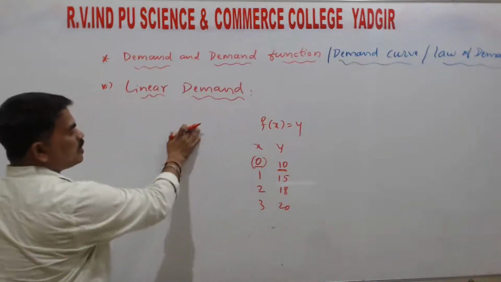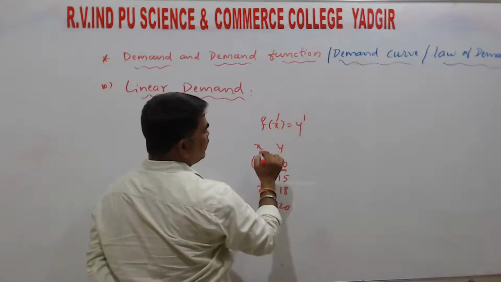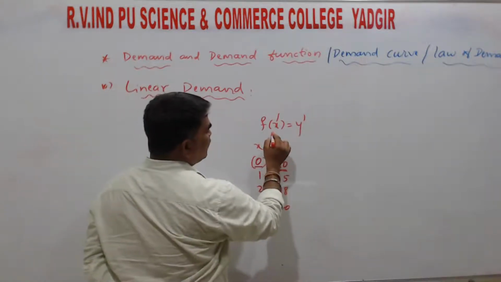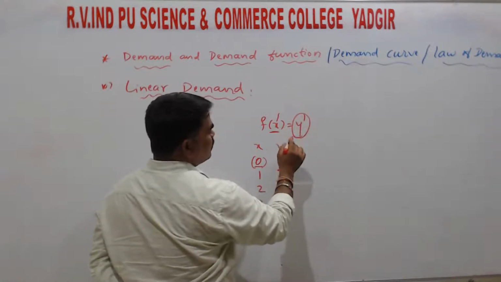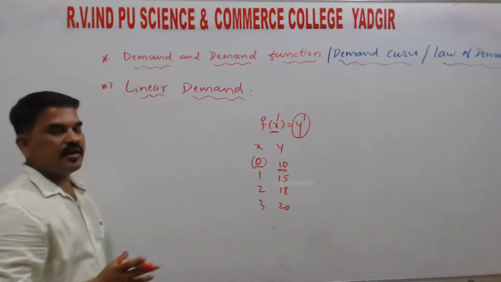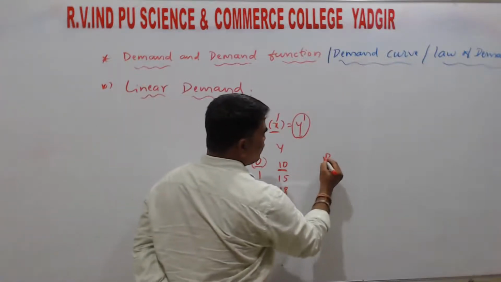That gives us the values here. We can find out what the demand is. As I said, this is price and this is quantity. So when this is the price, what is the demand here? How much demand for that particular product? Suppose banana.